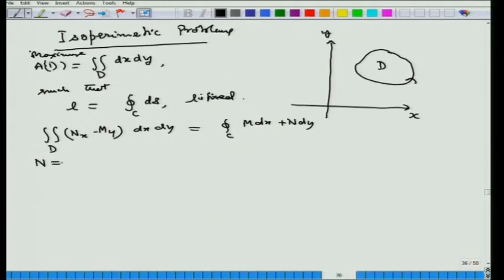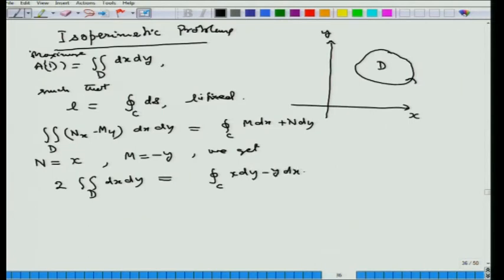If we take N equal to x and M equal to minus y, we get twice the double integral over D of dx dy equal to the integral of x dy minus y dx. So, area of D is half of this integral of x dy minus y dx.